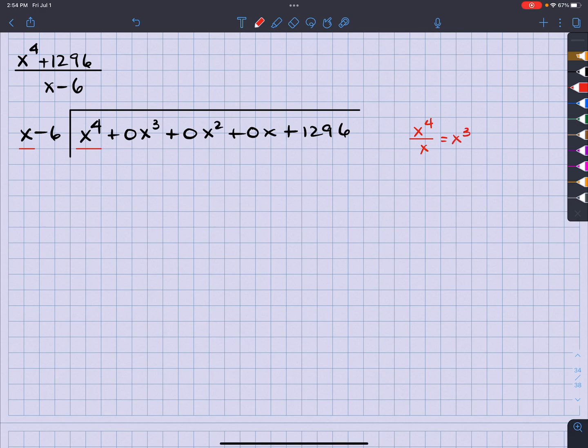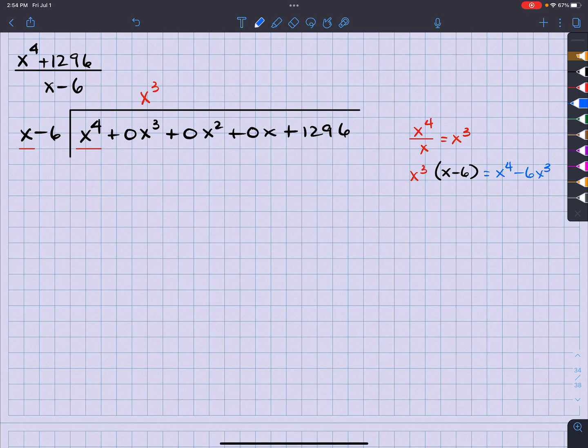So I put x to the 3rd above the x to the 3rd. Then I multiply x to the 3rd by x minus 6, and I get x to the 4th minus 6x to the 3rd.